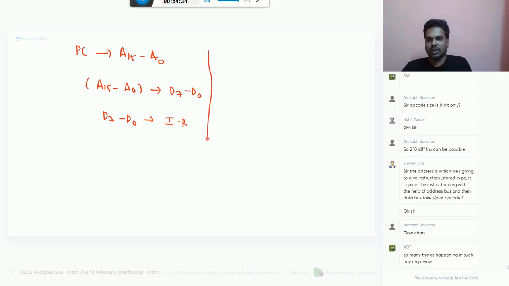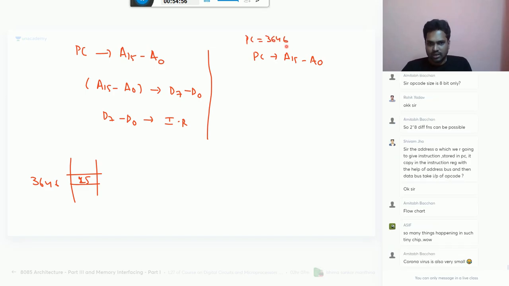Simple steps. Here please understand the difference between a bracket and no bracket. For example, if I say PC to A15 to A0, and PC is equal to 3646, then A15 to A0 will become 3646.